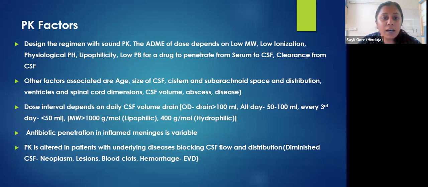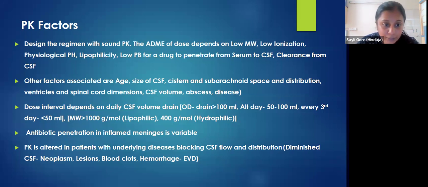and also the clearance from the CSF. Other factors are age, size of the CSF, the subarachnoid space, the ventricles, and the spinal cord dimensions, the CSF volume and the production rate, the distribution, abscess, and even some other diseases like neoplasm or lesion, blood clots, hemorrhage that will also alter the PKPD of the drug because it will block the CSF flow and distribution. Hence, the drug flow is also blocked.